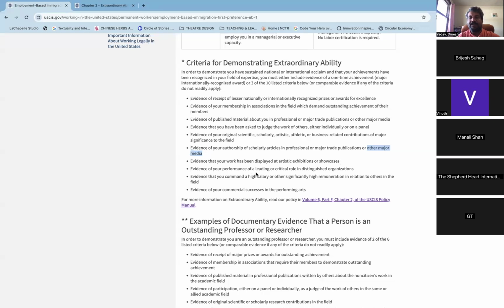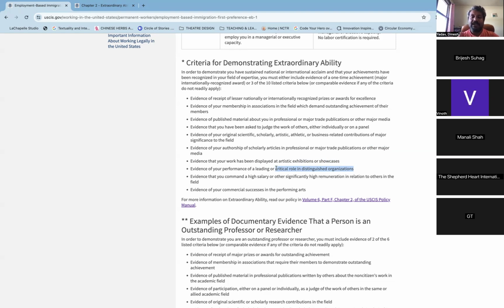Evidence of your performance of leading a critical role in a distinguished organization. Now, there are two things here. Your critical role, so identify your role, how it is critical, and explain that, and the distinguished organization. Now, you may be working in a very small organization, let's say a school at a county level. You will think, how is this a distinguished organization?